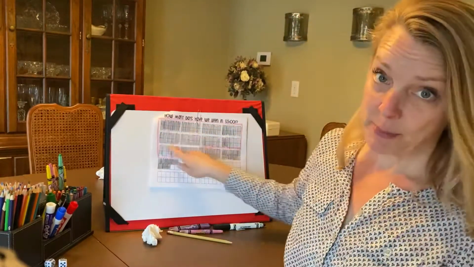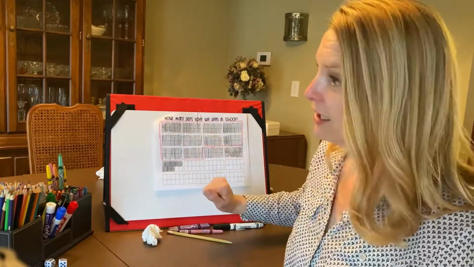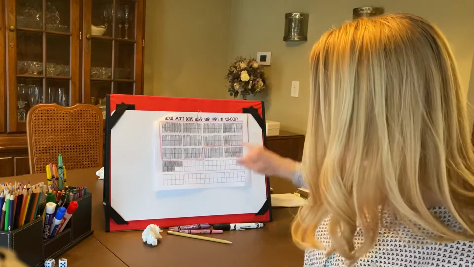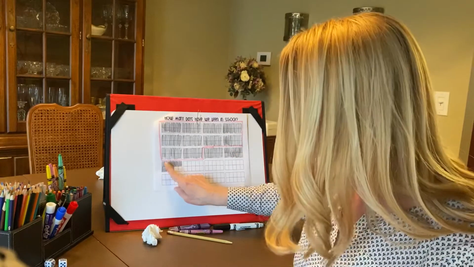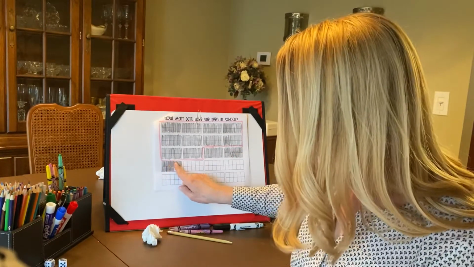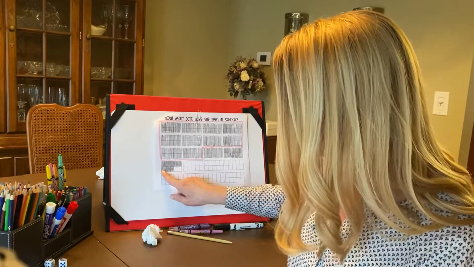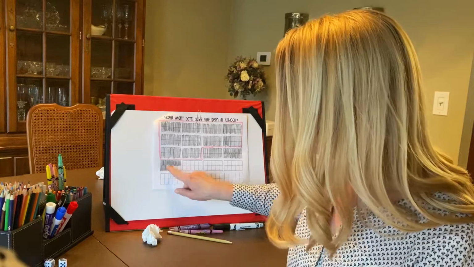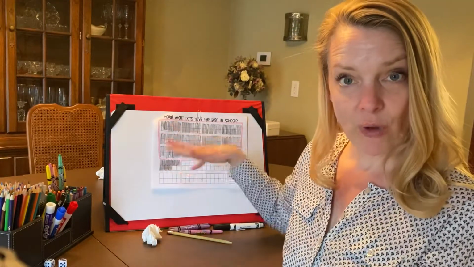So let's count how many days we've been in school today. Here we go. 100, 110, 120, 121, 122, 123, 124, 125, 126, 127, 128. And how would you write the number 128?